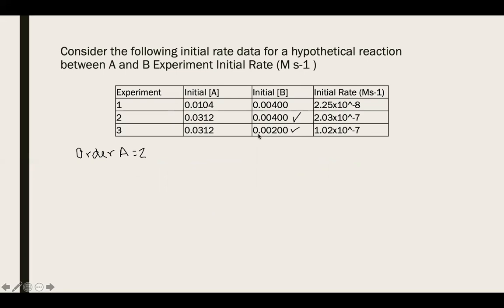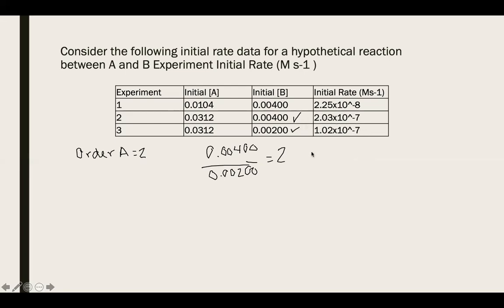For this one, you can probably tell pretty easily, but if we do 0.00400 divided by 0.00200, your concentration from trial 2 to trial 3 has been cut in half. So 4 is the larger one, and it's going to be a factor of 2 that the reaction is going to change.